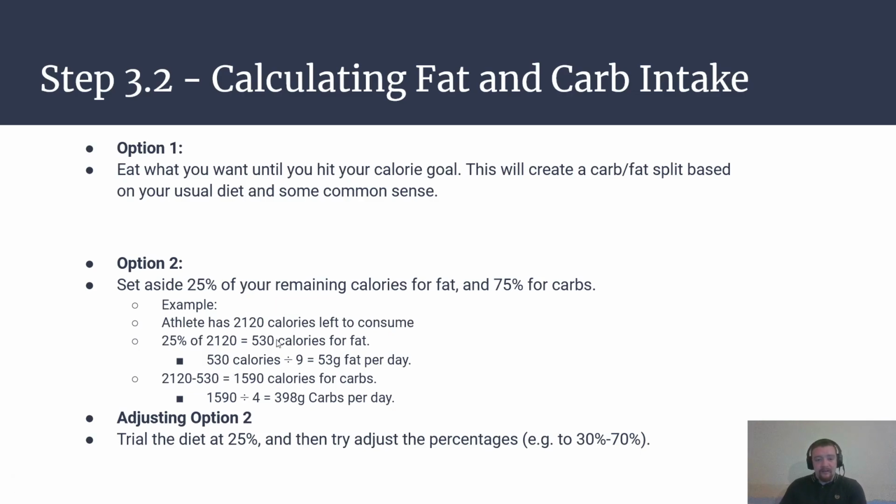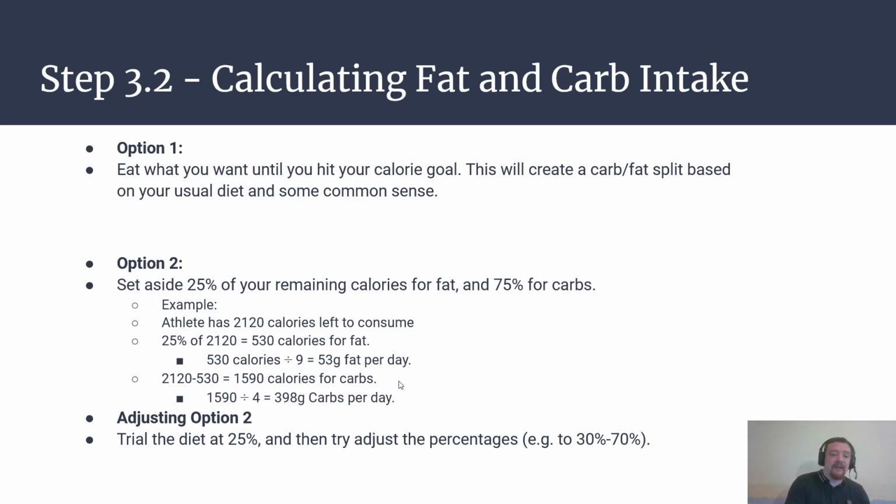So we've got 2,120 calories for carbs and fat, 530 is fat, so 2,120 minus the fat calories will give us the calories for carbs. So in this instance, it gives 1,590 calories for carbs.